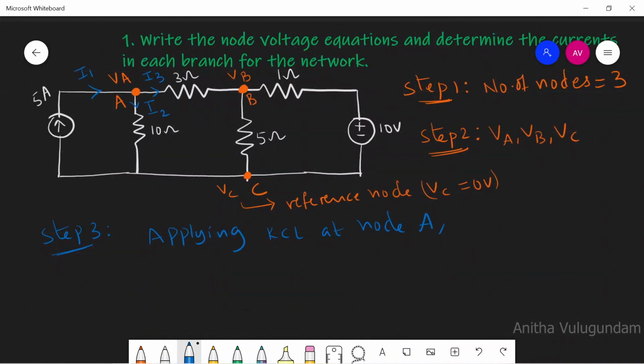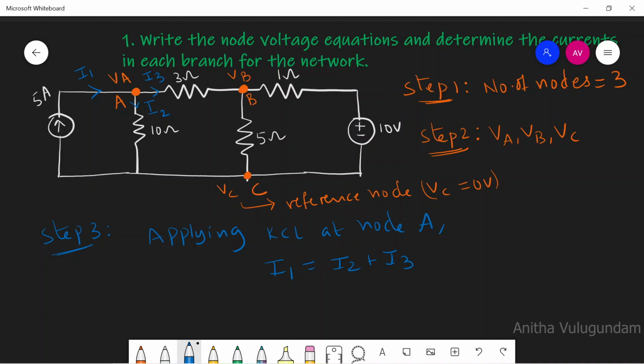According to Kirchhoff's current law, the sum of the currents entering a node is equal to the sum of the currents leaving, or the sum of the currents at a node point is equal to 0. Here, at node point A, I1 is entering and I2 and I3 are leaving. I can write sum of currents entering equals sum of currents leaving.